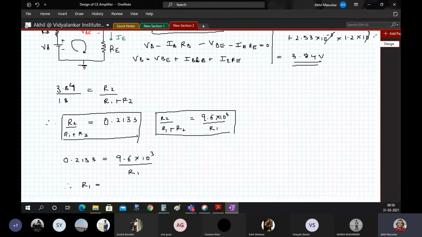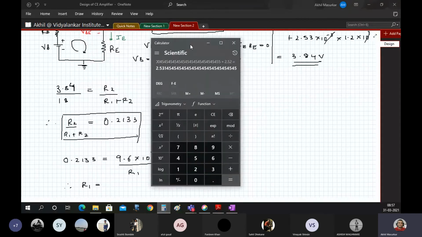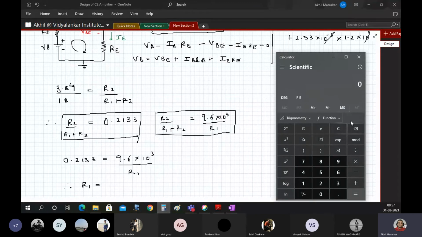What is the value of R1 that we get? Please calculate this. It should be 45 point something. So 9.6 divided by 0.213, 45 point.